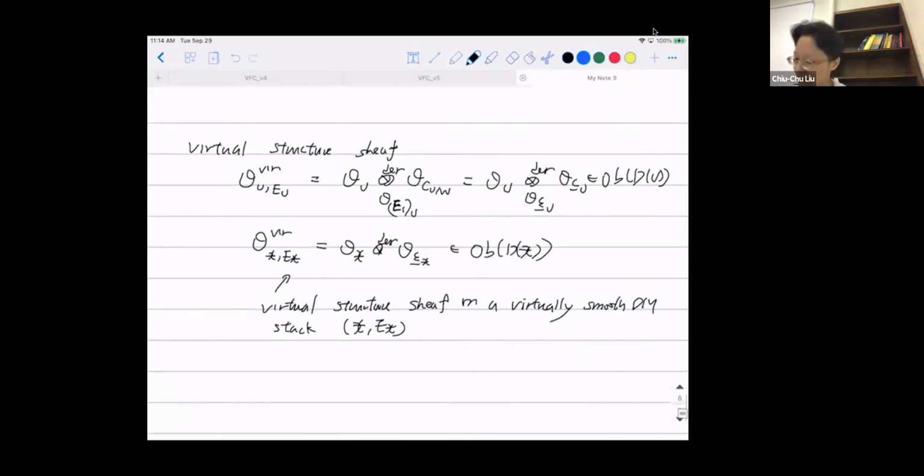Okay, so now let's see: if we have a smooth scheme, we recover the usual fundamental class and the usual structure sheaf. Let's first do the scheme case.